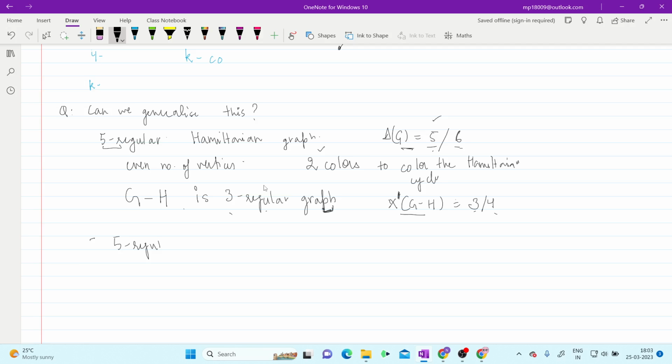There can be a graph G which is 5 regular Hamiltonian, and there can be a graph G prime which is also 5 regular Hamiltonian, but this one has a different chromatic index from that one. So maybe this cannot be generalized. And if this cannot be generalized, then it won't be a question.